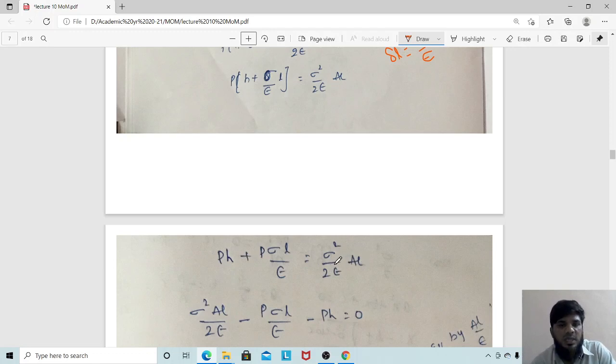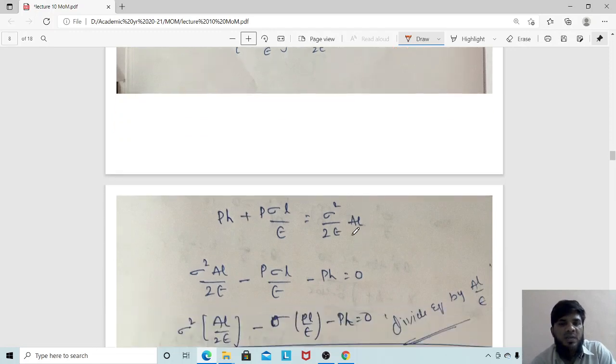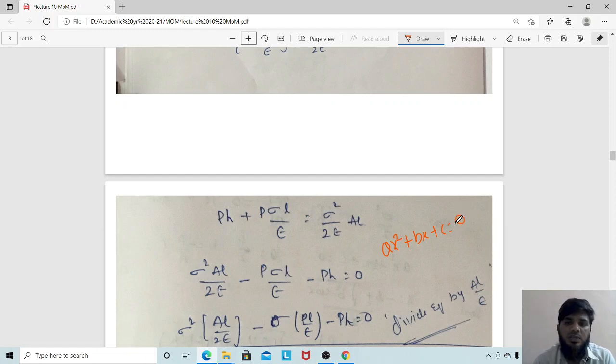So I am trying to convert this in terms of a quadratic equation. In the quadratic equation, we have sigma square here where we have x square. The general quadratic equation form is ax square plus bx plus c. To simplify, what you generally do in a quadratic equation is remove the coefficient of x square so that you can easily solve the equation.